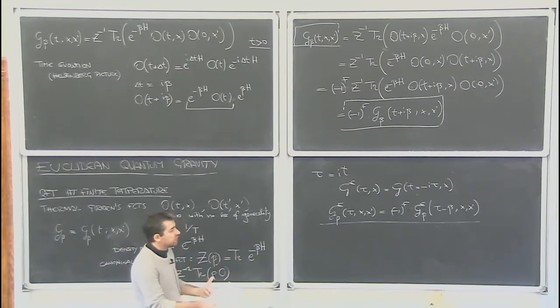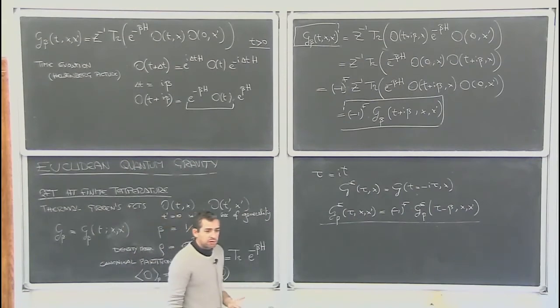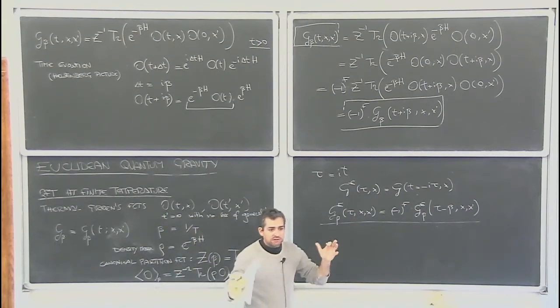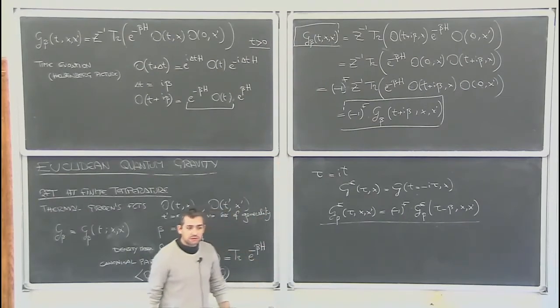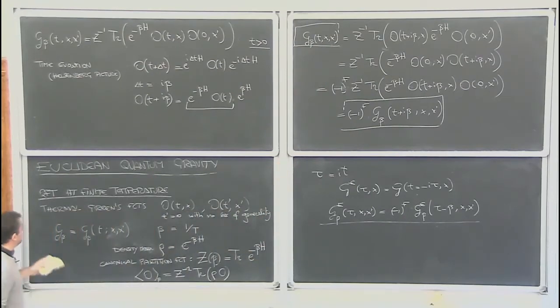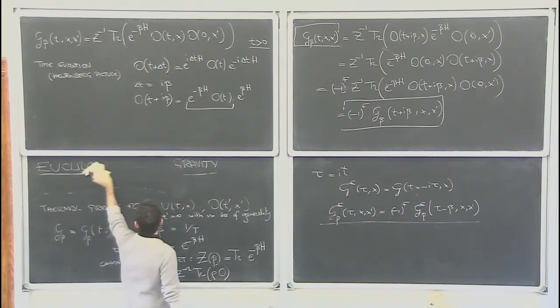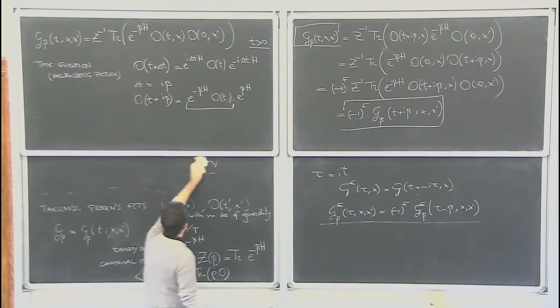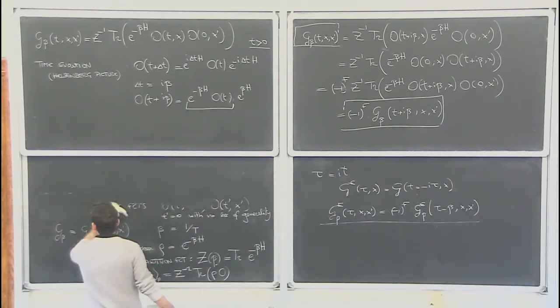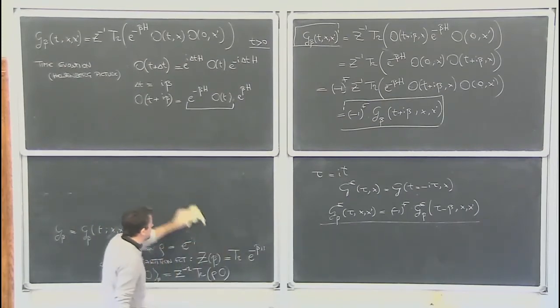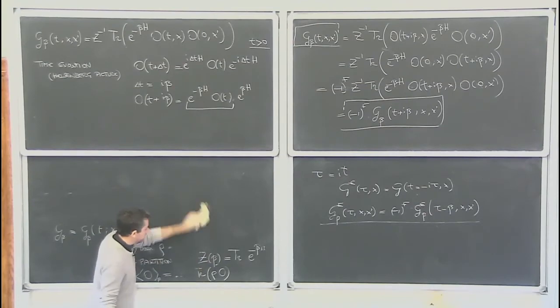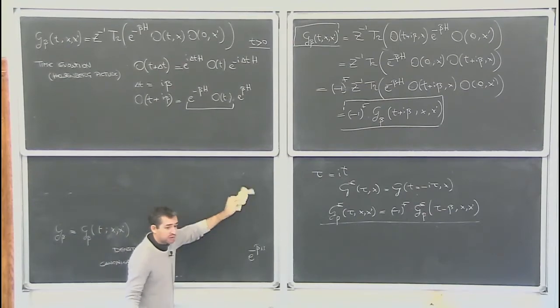We convert this statistical problem into time evolution, but in imaginary time, because there is no i in e to the minus beta H. I emphasize again, we are assuming time translation invariance because we want to describe things at equilibrium.